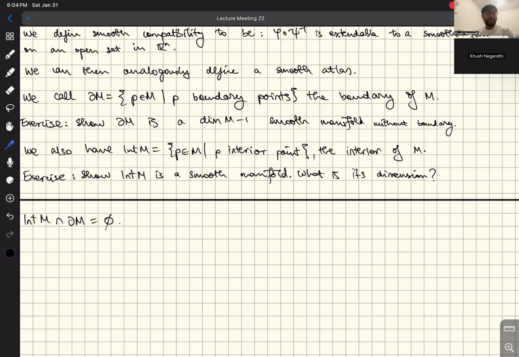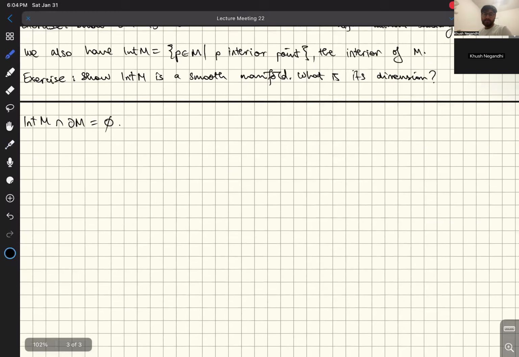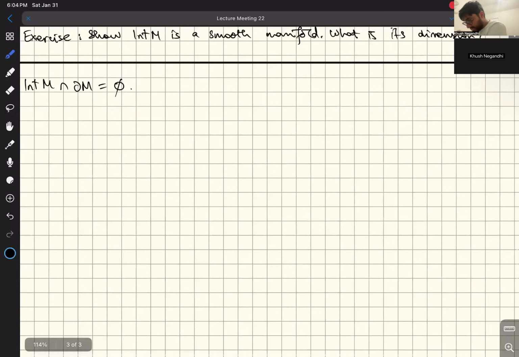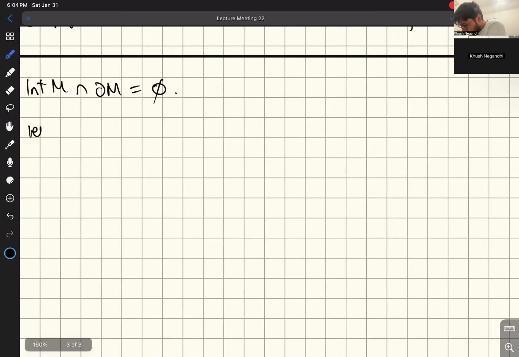and then you talk about smoothness similarly, and then you can define the category of smooth manifolds with boundary. So let's define that really quick. Let M and N be manifolds with boundary.